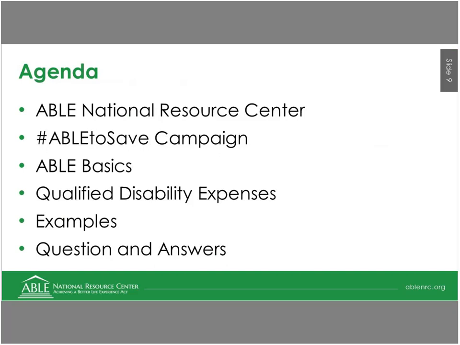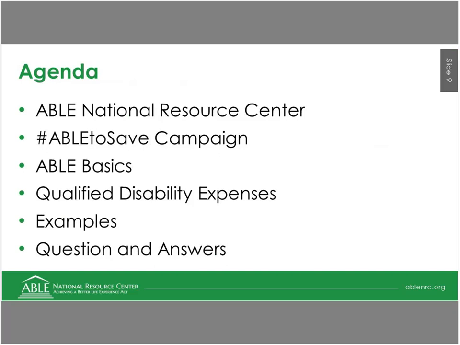Let's go ahead and get started here. I just want to do a quick overview of the agenda. We're going to give a brief explanation about our ABLE National Resource Center. I'm going to talk to you a little bit about the purpose of our hashtag #AbleToSave month-long public awareness campaign. We're then going to cover just a few of the ABLE basics so that we all have a basic understanding and foundation from which to understand the content for today's webinar.